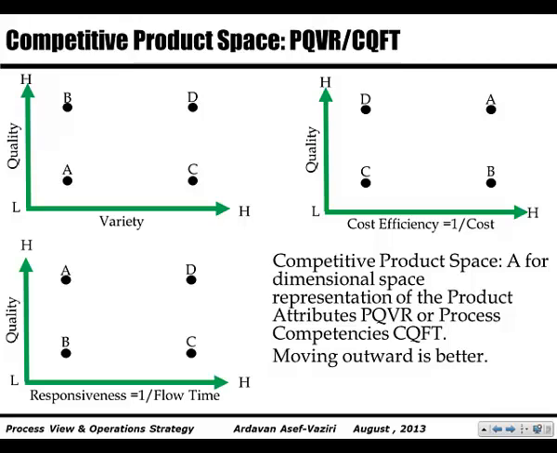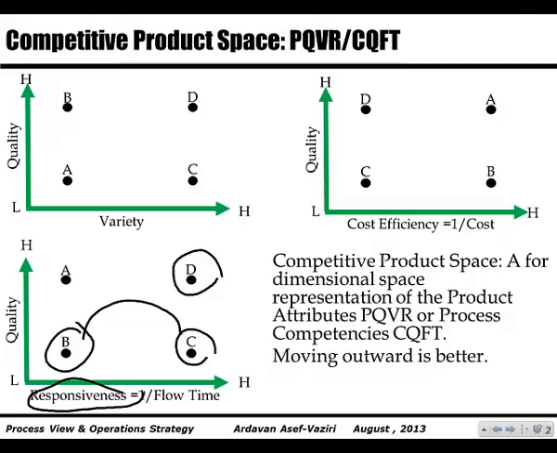Company C or product C or process C has a higher responsiveness compared to company B or process B or product B. Product D or process D has high responsiveness. That means it is good and high quality. Again, in this graph, moving outward makes me better.